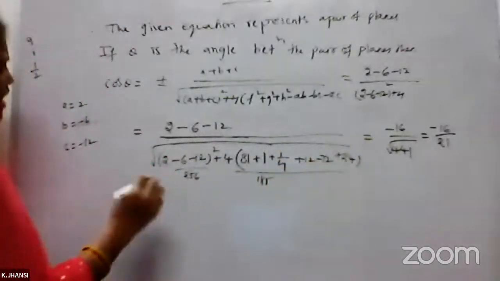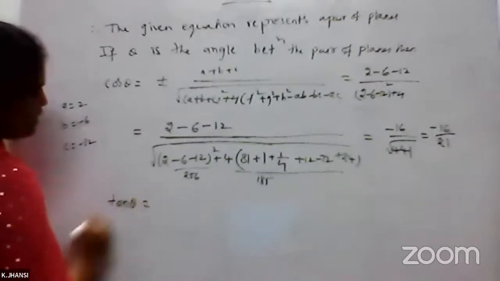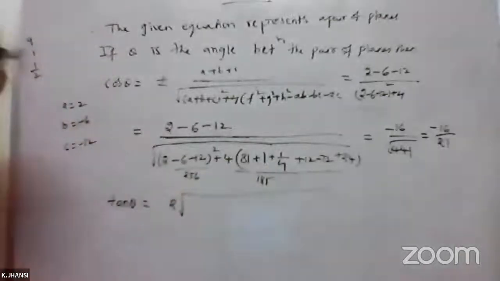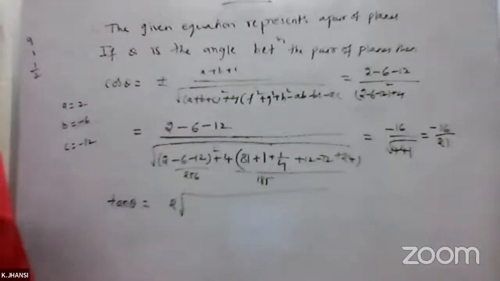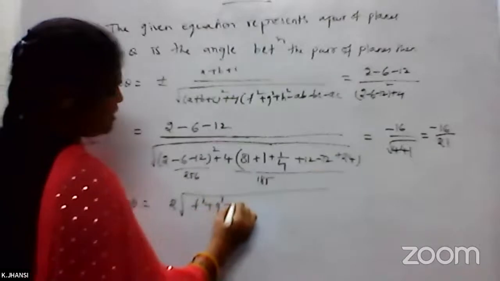Okay, so if you convert it into tan theta, we have the tan theta formula, no? Tan theta is equal to 2 under root of x square plus z square. Even here you can substitute and you can see here.